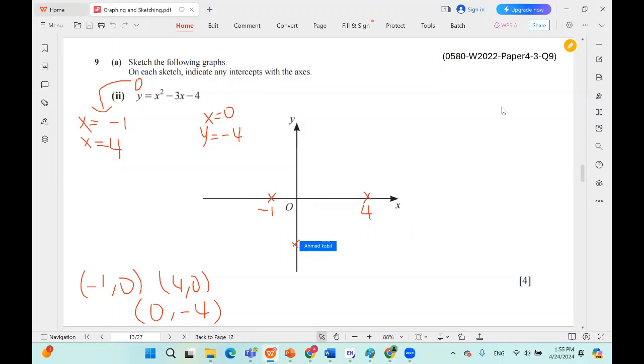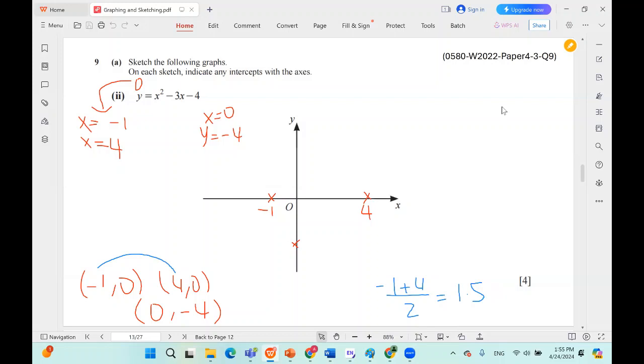It's also very important to get the turning point. The turning point is halfway between the roots. So halfway between these two numbers, we have the turning point of the parabola. If we get the average of negative 1 and 4, this gives us 1.5. So at 1.5, we have a turning point.